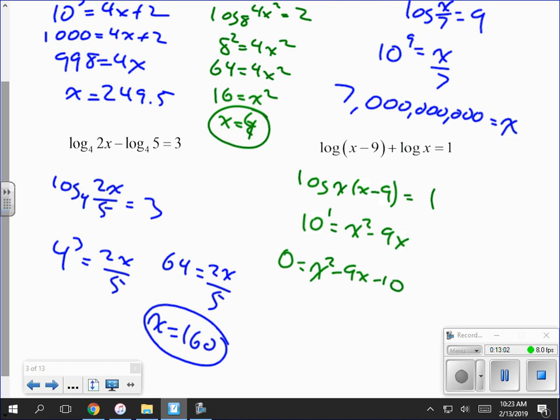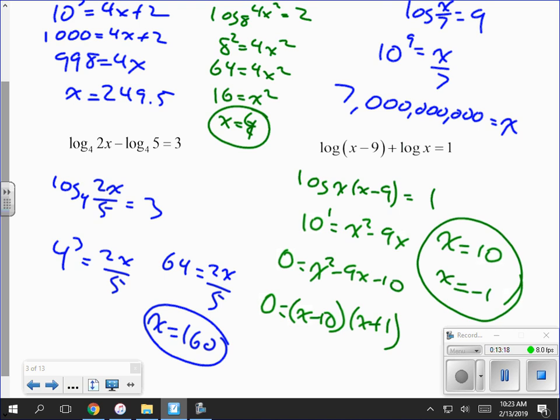Two numbers multiplied to give me 10, subtract to give me 9: 1 and 10. 0 equals x minus 10, x plus 1. So x equals 10. X equals negative 1. Questions?